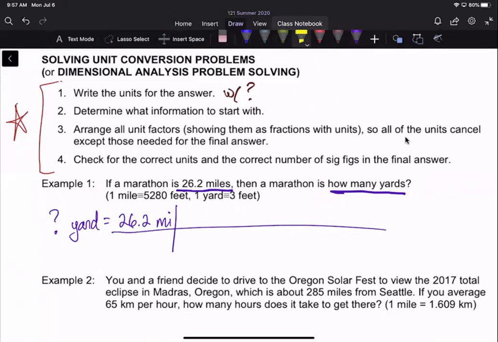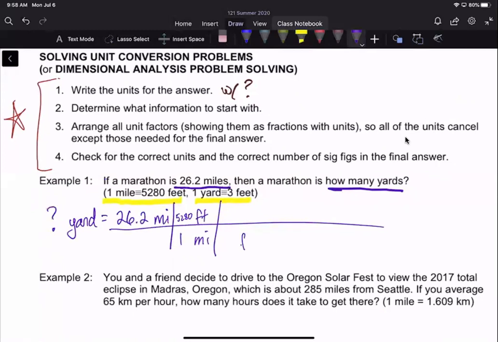Well, here we have conversions given in the problem from miles to feet and feet to yards. So let's just line those up. Miles will go in the denominator, and we'll take that to feet. Fill in the numbers. And we're going to cancel out feet and go to yards. And that is exact, these are both definitions. 1 yard is 3 feet. Make sure that you fill in the numbers corresponding to where you put the units.